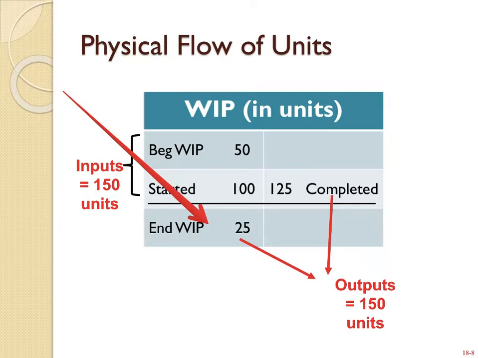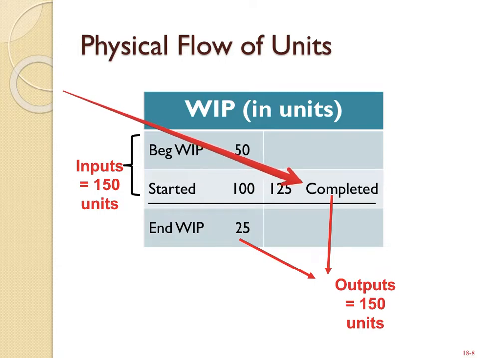We've been talking about it since boot camp, again in chapter 14, again in chapter 15, but that same concept applies. We start with what was unfinished before, add in some additional stuff. That's everything that was in production. And then one of two things happened: either we finished or we didn't. Those two things are your outputs.